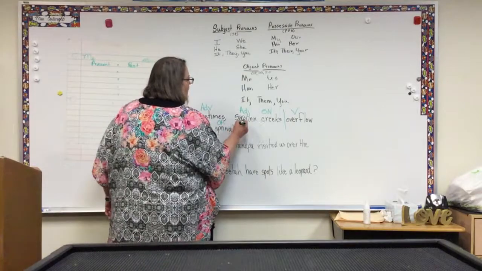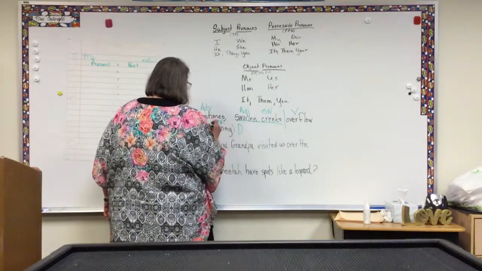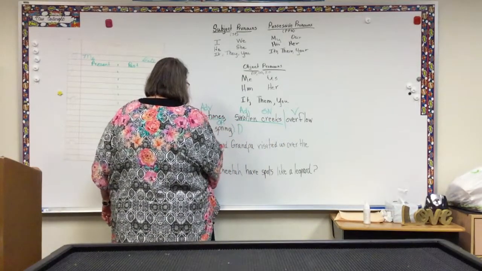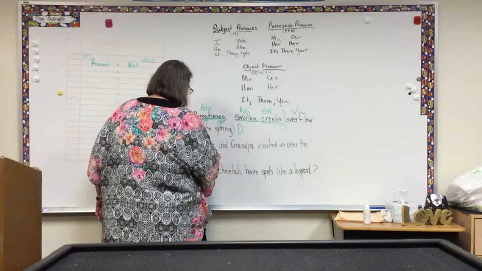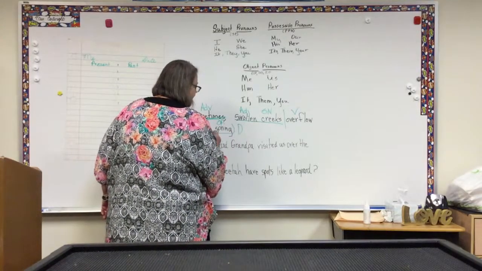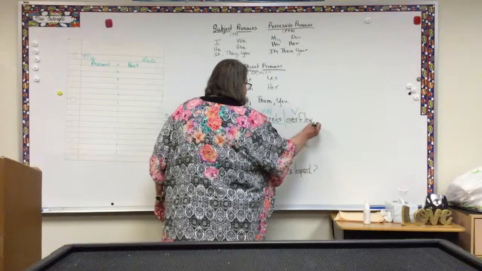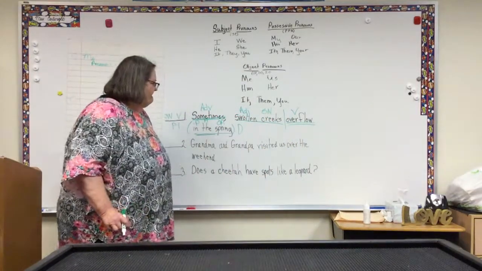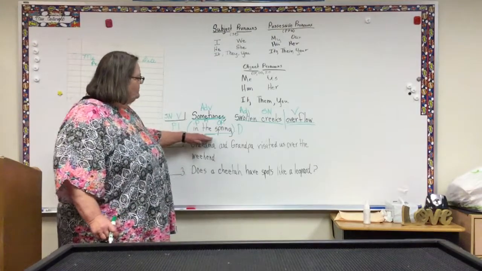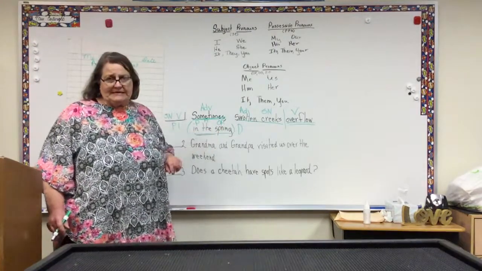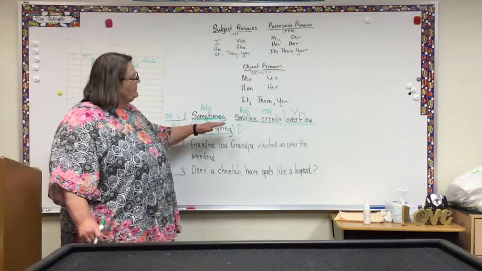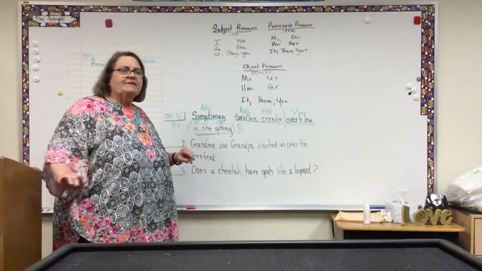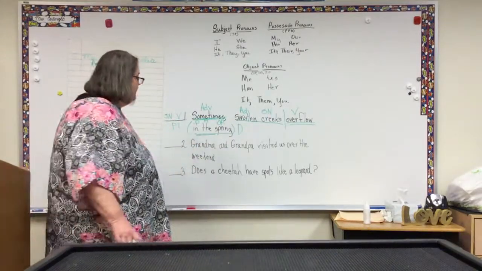Underline the subject parts once and the predicate parts twice. There we go. Now, see, if you do this, you don't mistake spring as a direct object. You've got to look through your sentence and fix it, and then do your question answer flow.